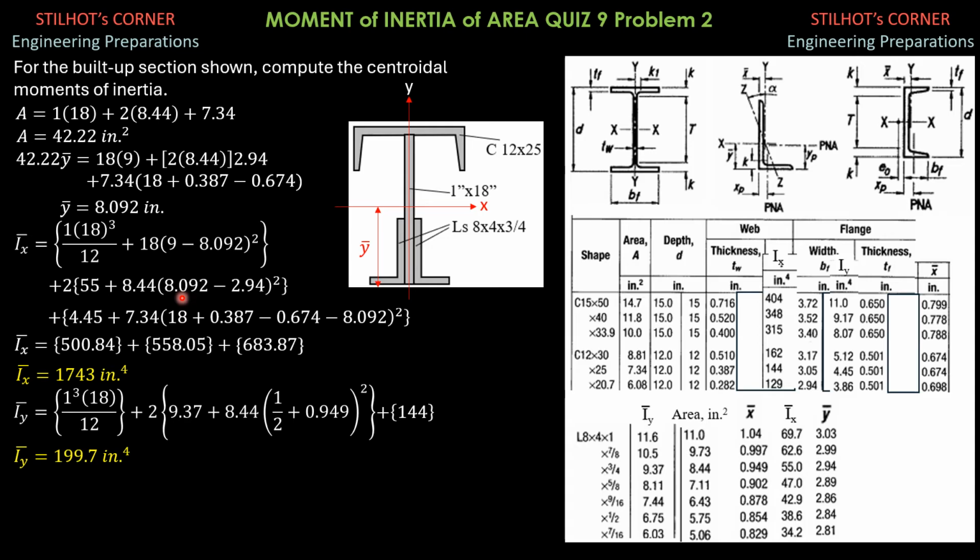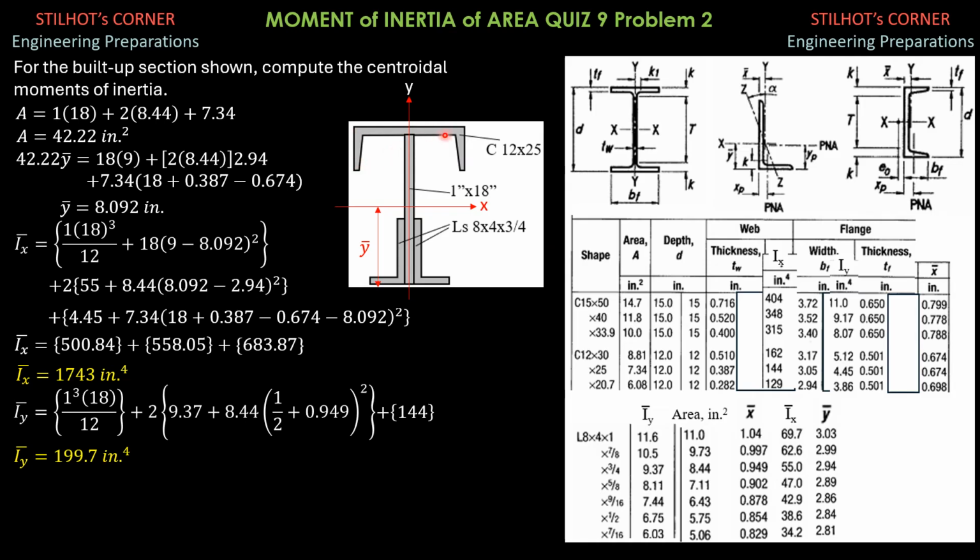Bar y is 8.092, while bar y of the angle is 2.94. So 8.092 minus 2.94, quantity squared.